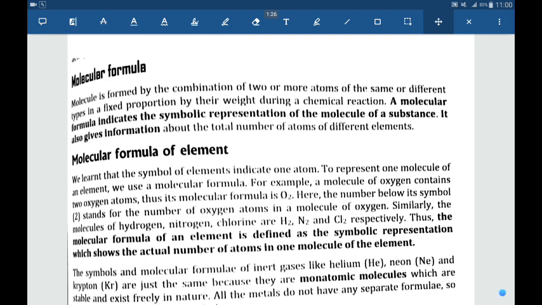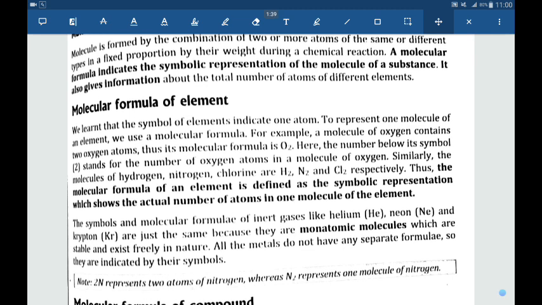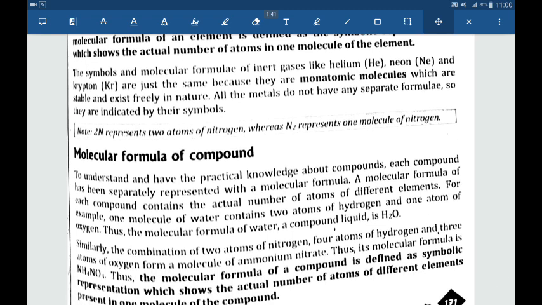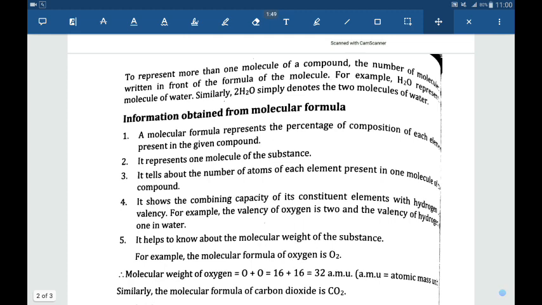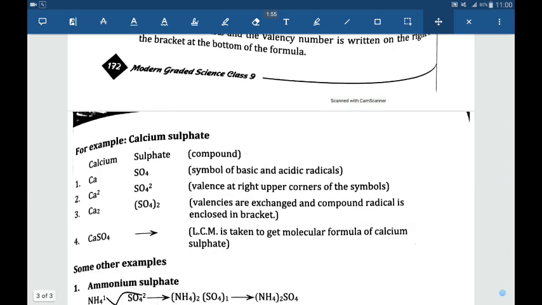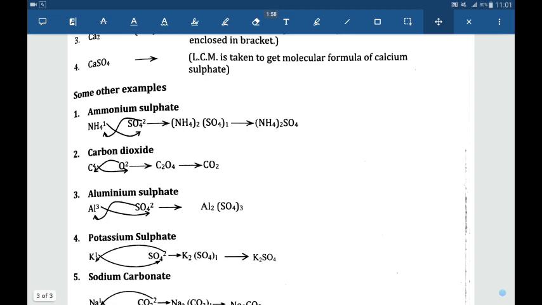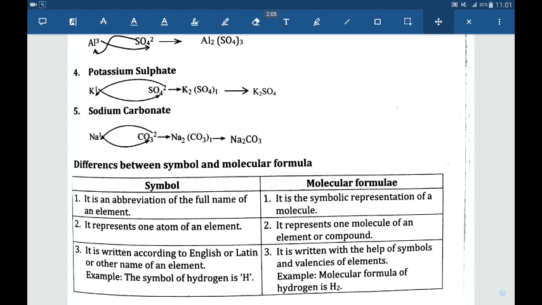Okay, dear students of class, what are we studying nowadays? In today's class, we are going to discuss the following things. Number one, molecular formula, its definition, molecular formula of element, formula of compound, information obtained from molecular formula, molecular weight, molecular formulae of some compounds, and differences between symbol and formula.